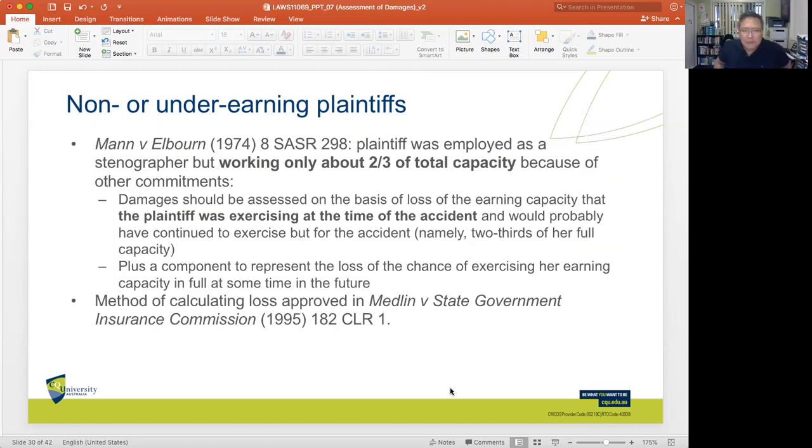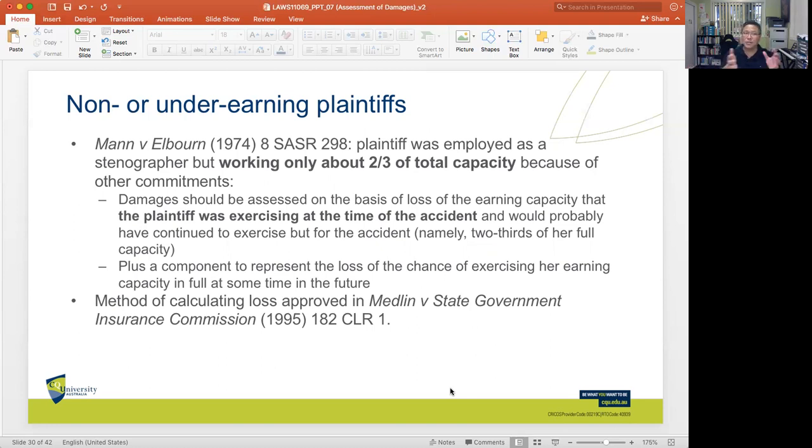In Mann versus Elburn, the plaintiff was employed as a stenographer, but was only working about 2/3 of total capacity because of other commitments. Here, the court said that damages should be assessed on the basis of loss of the earning capacity that the plaintiff was exercising at the time of the accident and would have continued to exercise but for the accident.